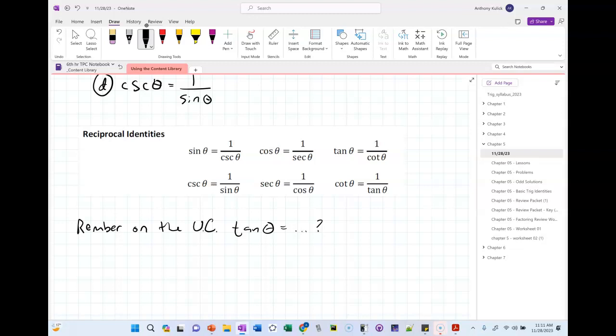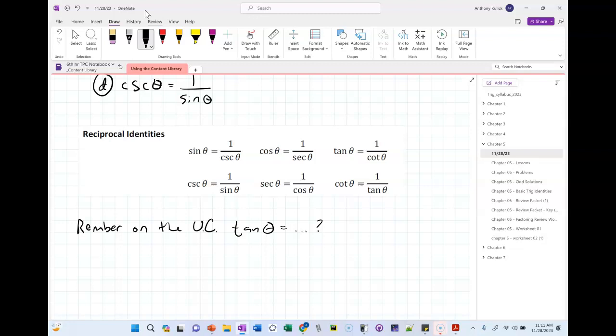Something we've been doing a lot of over the past several chapters. Should feel reasonably comfortable about using the unit circle to do stuff like this. If I want tan of 45, I locate where 45 degrees is on my unit circle. I find the point at 45 degrees, and I write tangent as y over x, right?